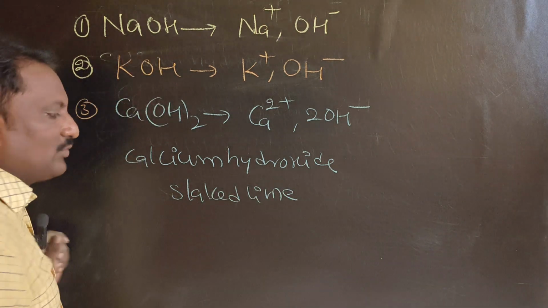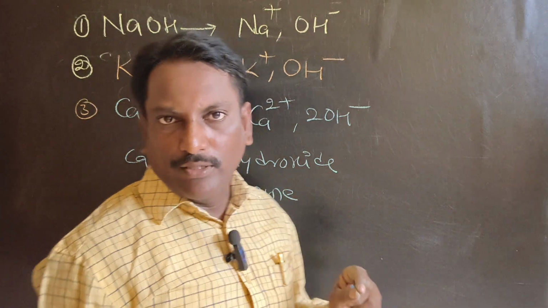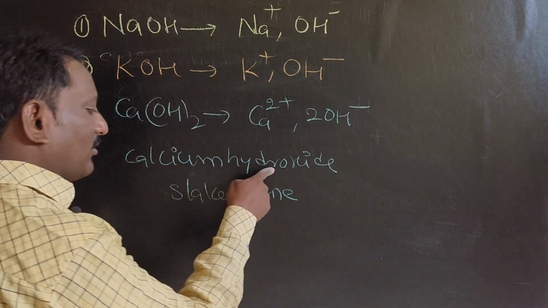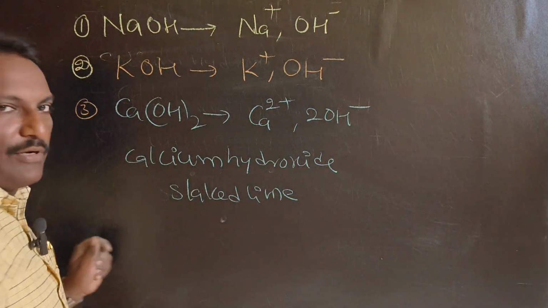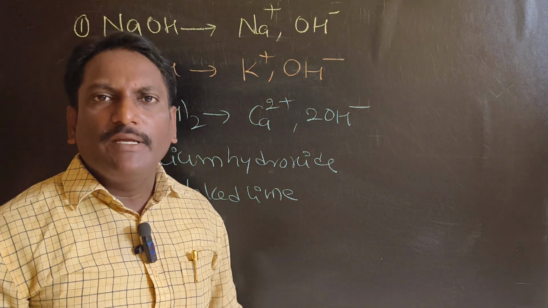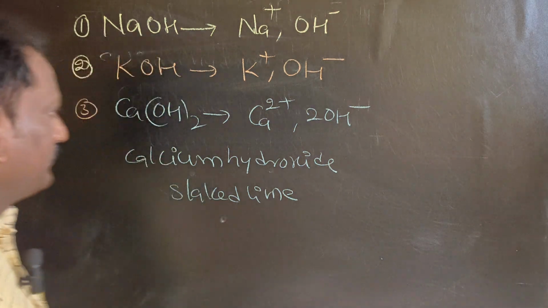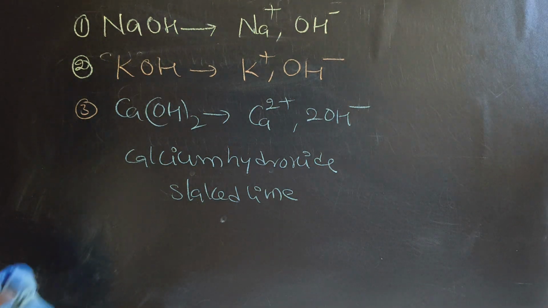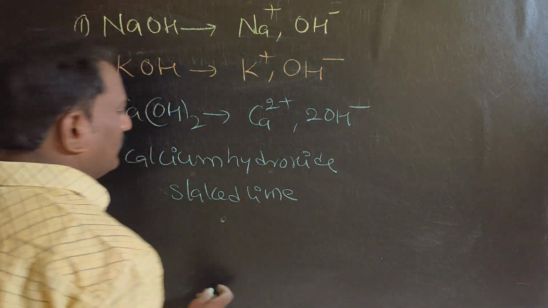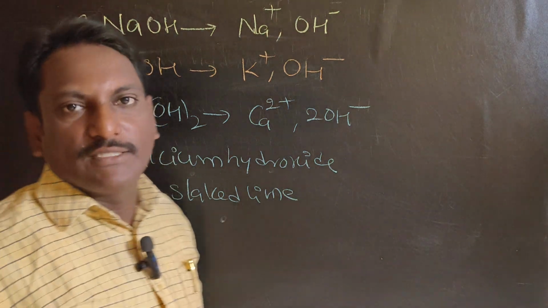And calcium hydroxide solution is also called lime water. Slaked lime is a common name. Calcium hydroxide is a chemical name. And one more important thing, it is used in whitewashing.